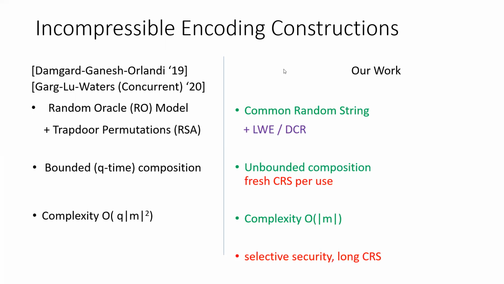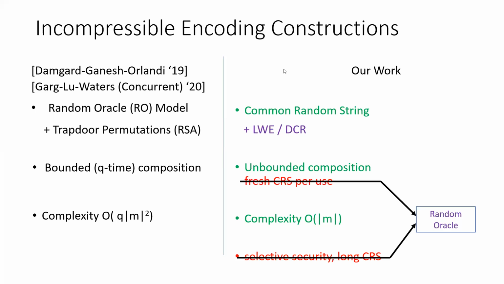But one downside of this construction is that you only get selective security, where the adversary has to choose the message before the CRS is chosen. It cannot depend adaptively on the CRS. And the CRS is very long. It's as long as the message size. Let's say if you're encoding Wikipedia, the common random string has to be as big as Wikipedia.